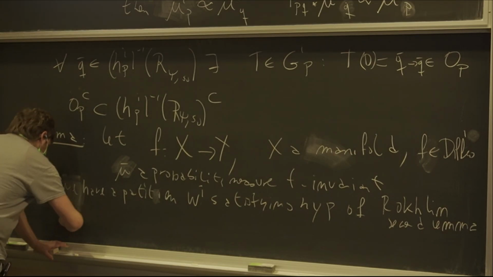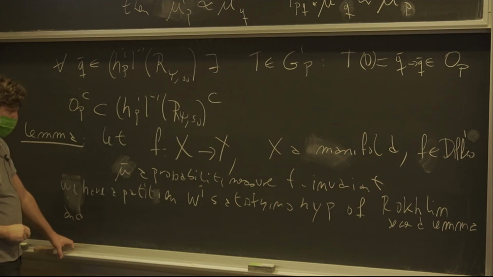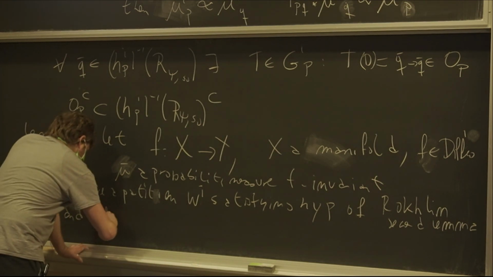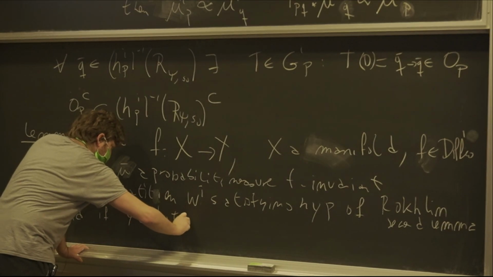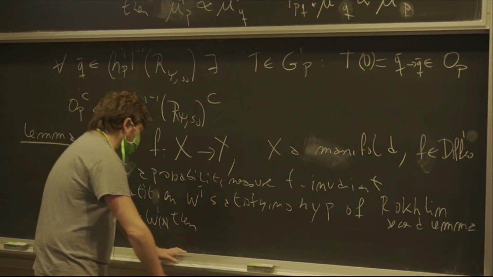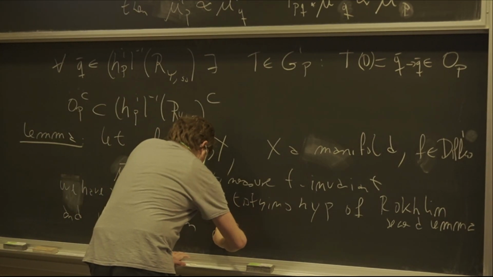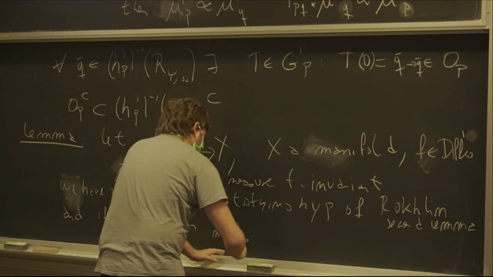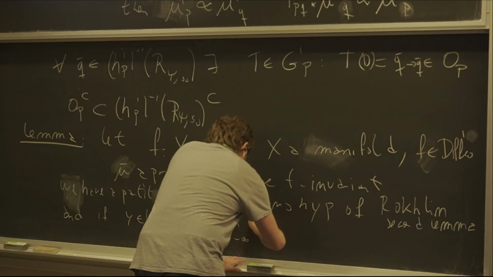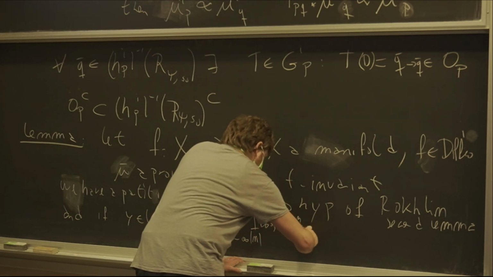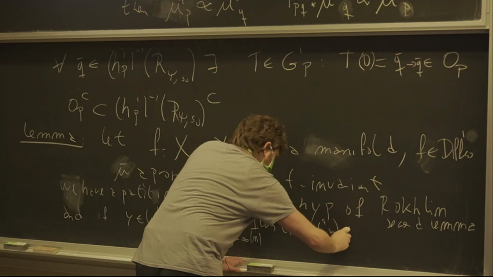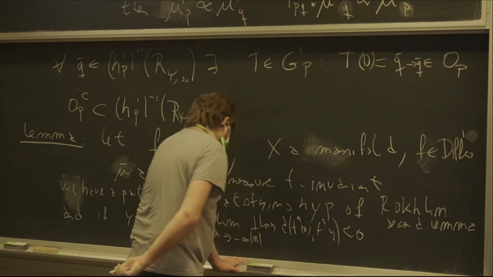And if y is in Wi of x, then the limit as n goes to minus infinity of 1 over n log of the distance of f^n x, f^n y is negative.